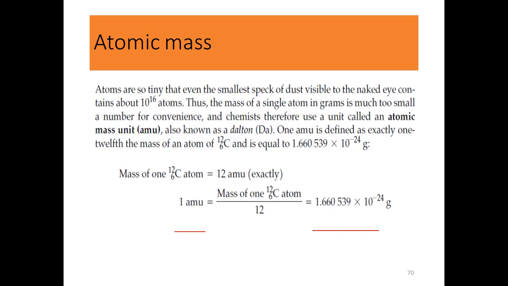So whenever somebody asks you what the atomic mass unit is, it is 1/12th of the mass of a carbon atom, and this carbon is carbon-12, because there are other isotopes of carbon as well, carbon-13 and carbon-14, but here we are talking about carbon-12. In the periodic table, all masses are relative to carbon-12.